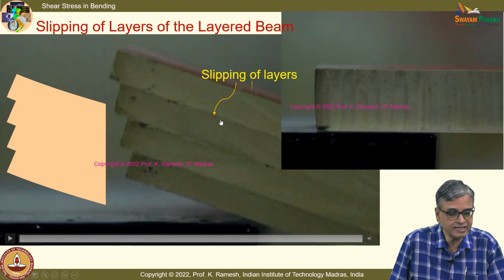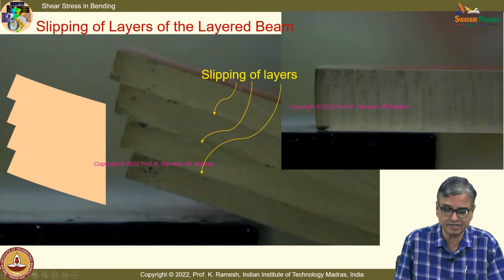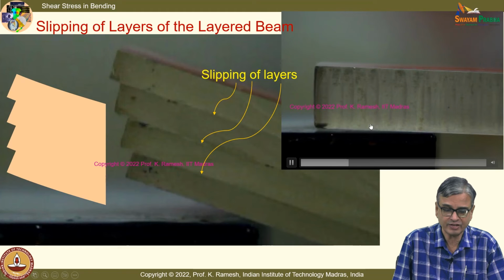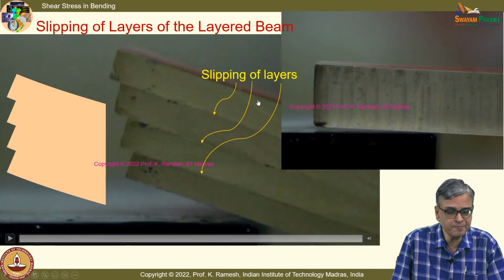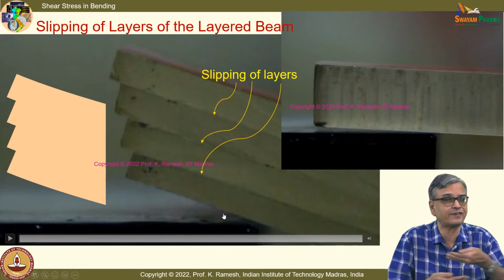You could very clearly see slipping of layers, and you can also imagine something is holding it, that is why the layer is not slipping in a beam which is rotated like this. Here the rotation is very small and this edge remains straight, whereas the same height of the beam with 4 layers, you have this jagged edge that clearly shows there is something holding the surface.